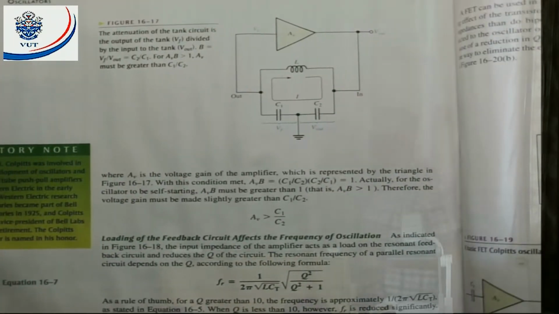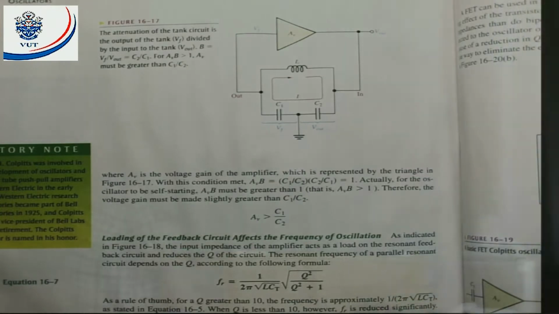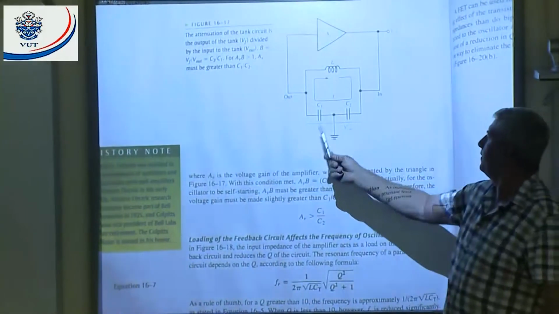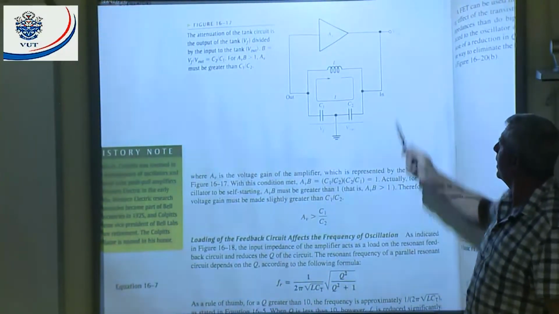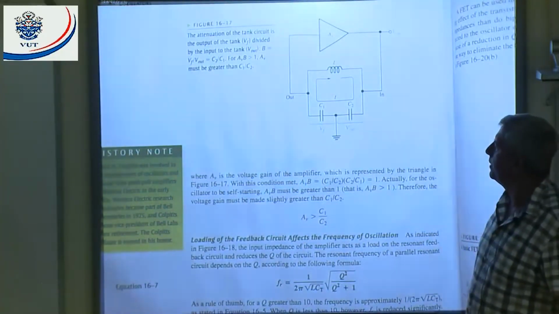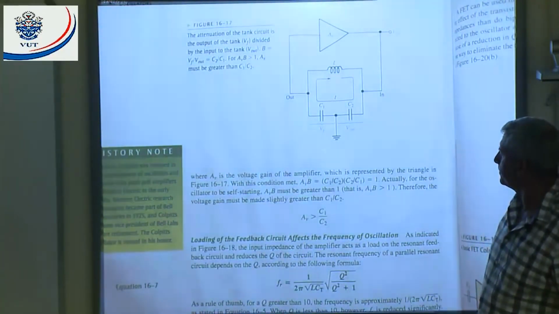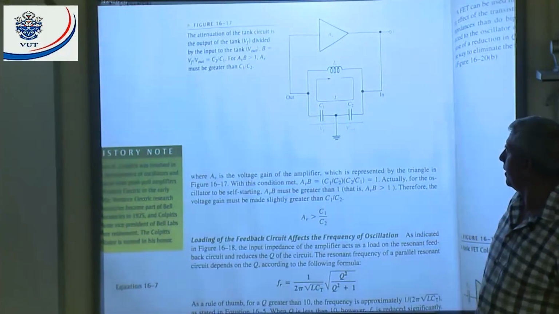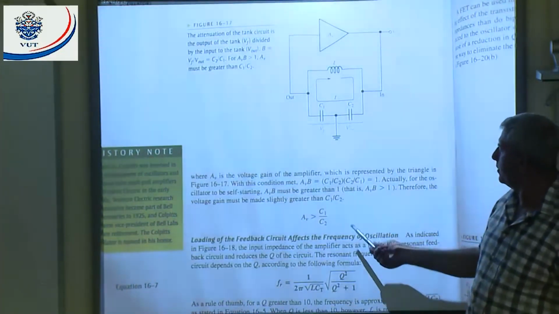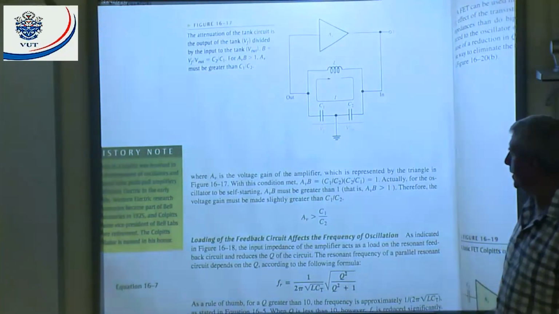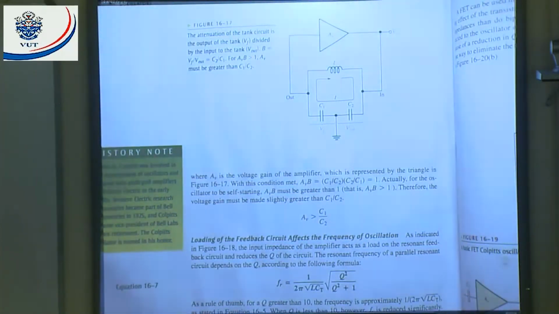Here they just show us about the attenuation. Where is V out, where is VF, and there I have an amplifier and my feedback circuit. Then they're also going to tell us for starting up conditions, the gain must also be a little bit larger than 1, all right, for starting up conditions.